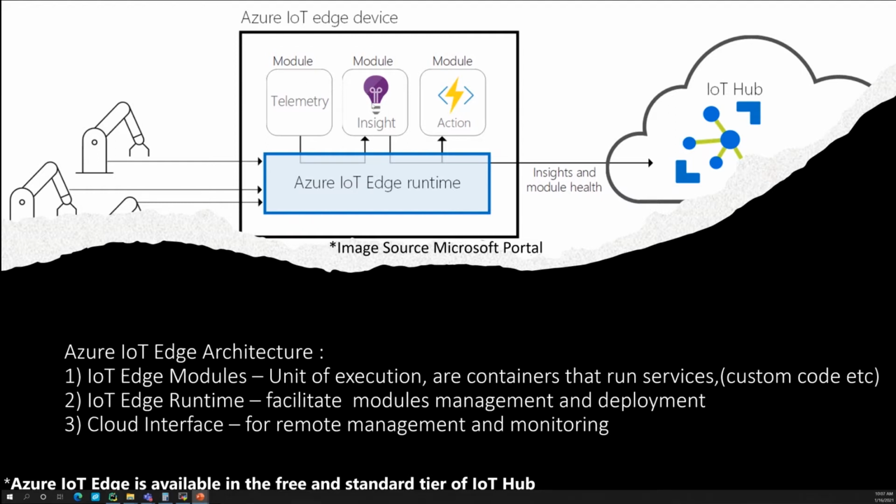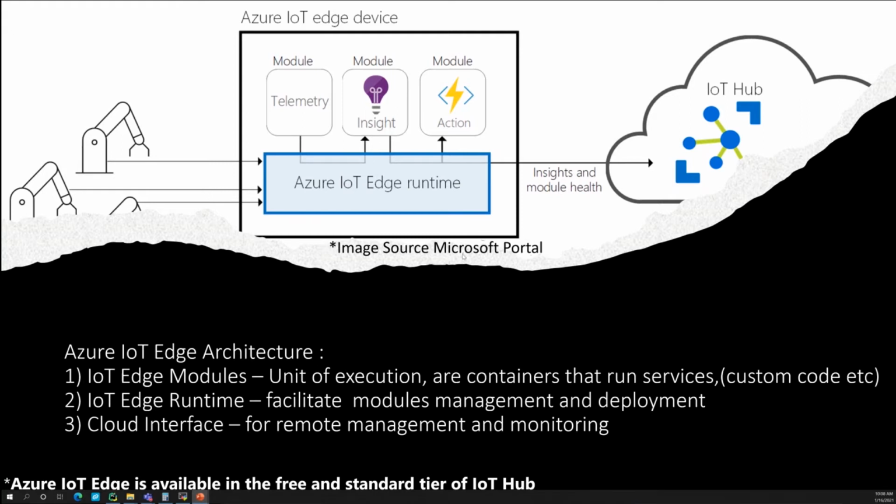They are similar to the cloud services, but running on the edge, collecting the sensor data, processing it, and channeling it across to different modules. The IoT Edge runtime contains two important components.